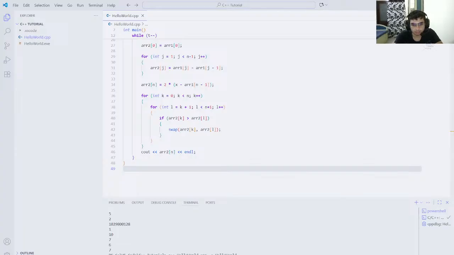Time to find out. Hmm. By now I know it by heart. One, two, five. It is different. The answer is not right, but the answer is different.